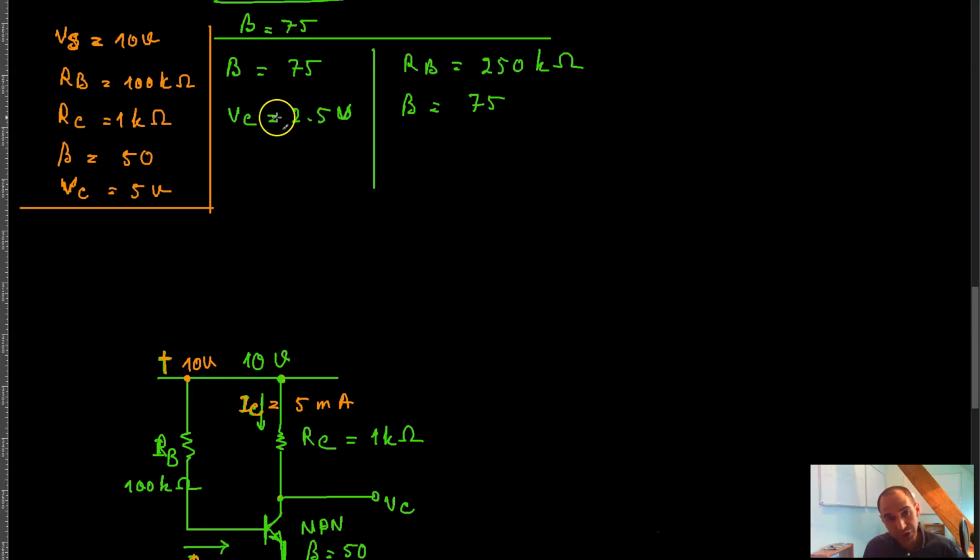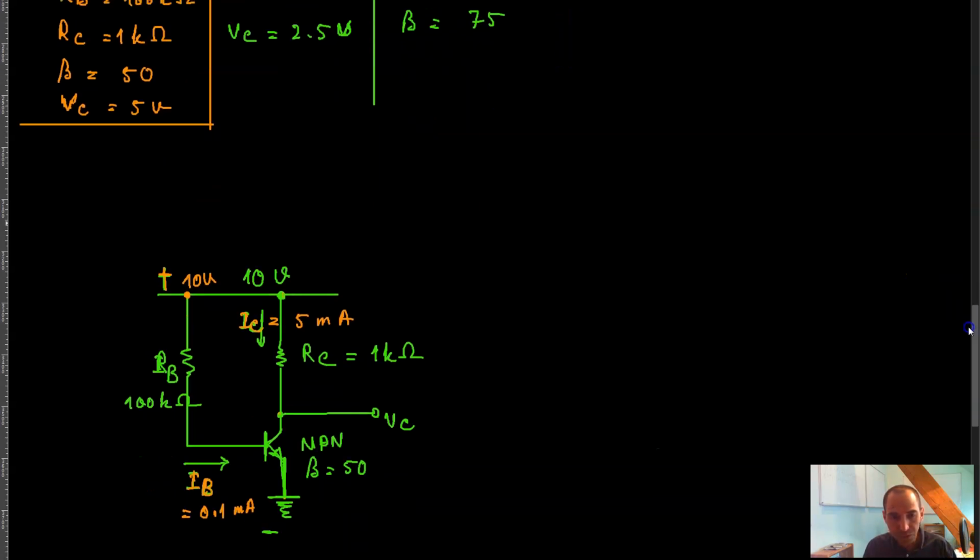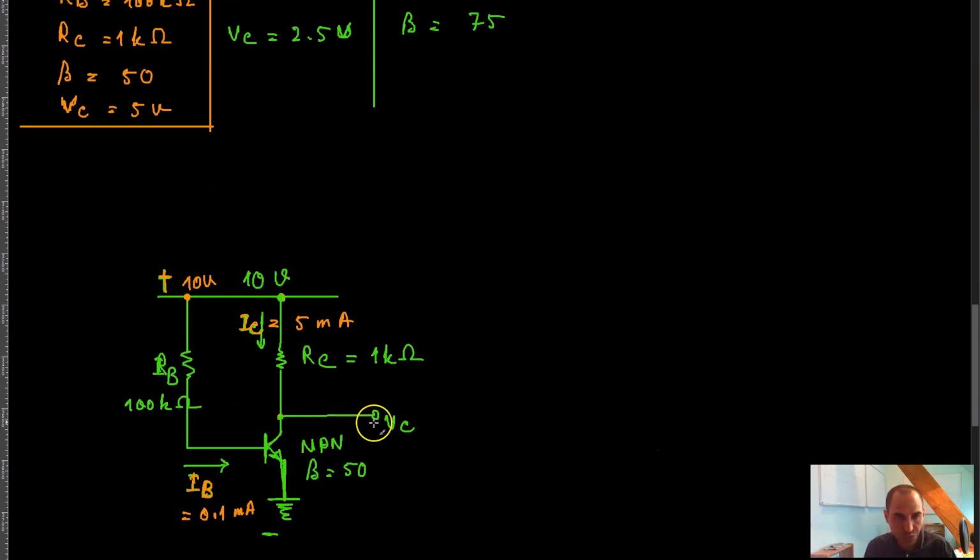So when we change the beta to 75, the voltage over here changed to 2.5 volts, right?